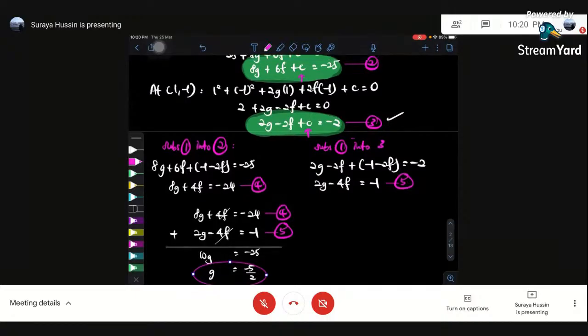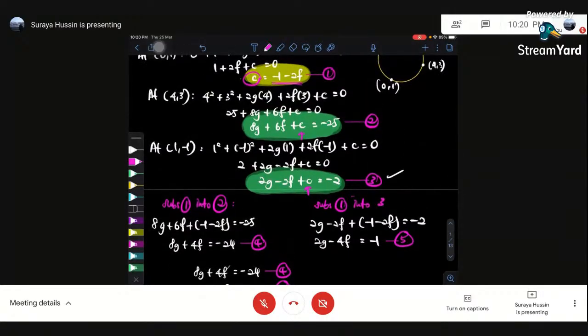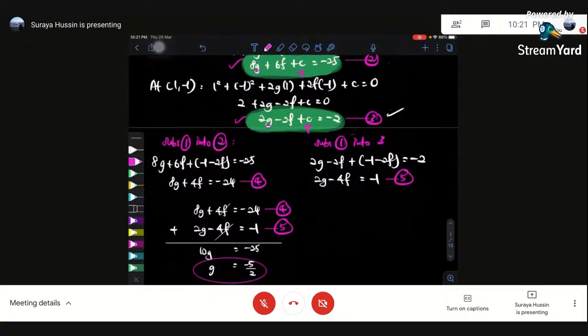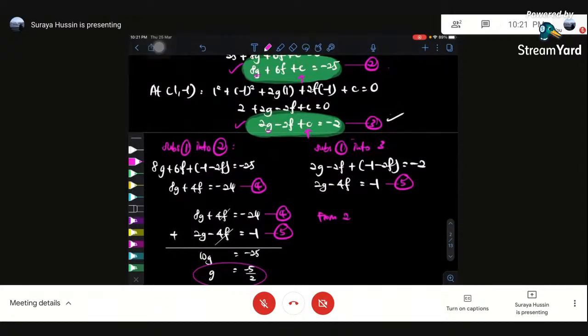So, once you have g, you substitute it into what? You have equation 1, equation 2, equation 3. Your only choice is equation 2 and equation 3 because you have g. You can substitute into either one. I'll just use 2 then.